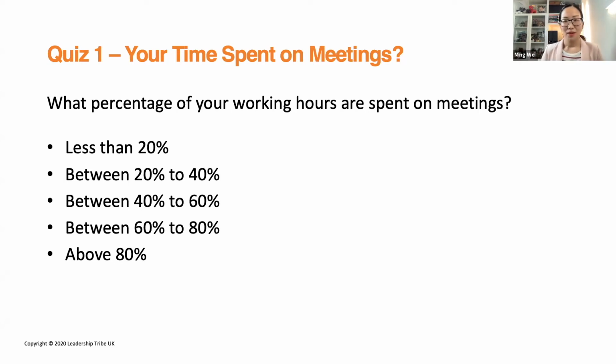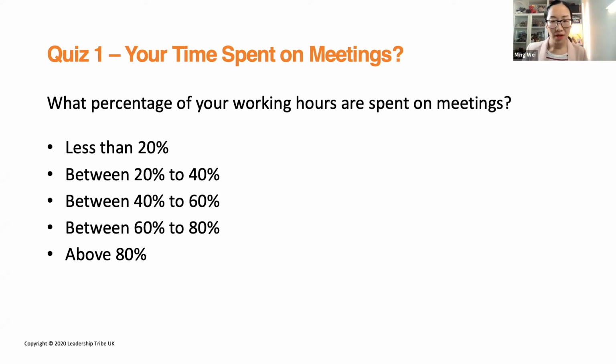Okay, so that's our 30 seconds done. Let me stop the poll here, and let me show you the result. Looking at the percentages, almost over 40% said we spend between 40% to 60% of our time on meetings.